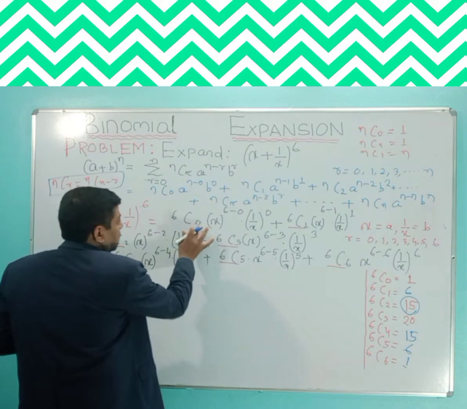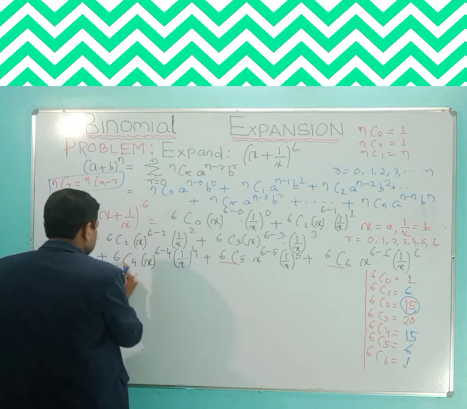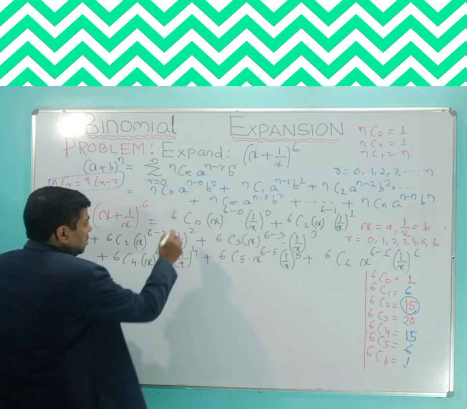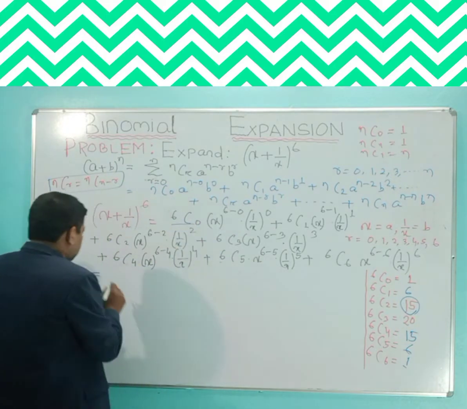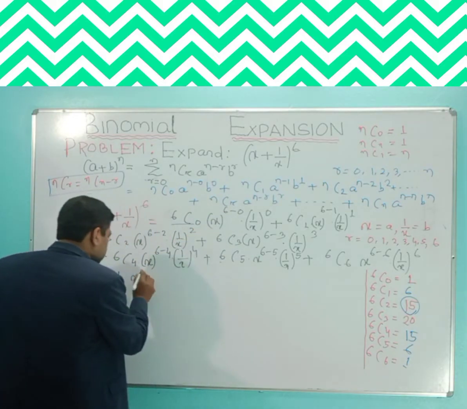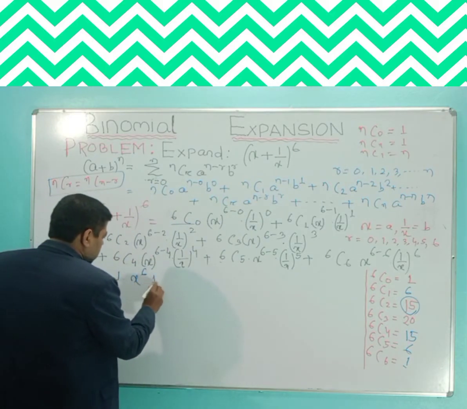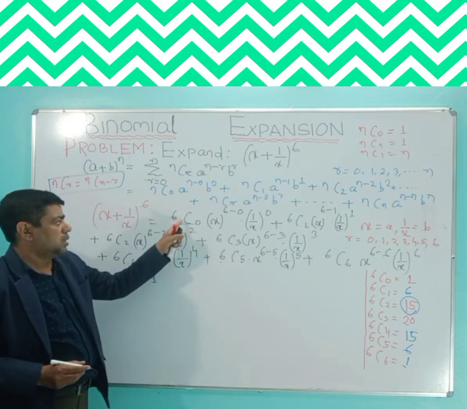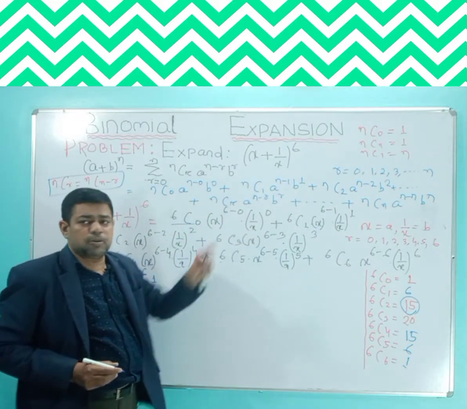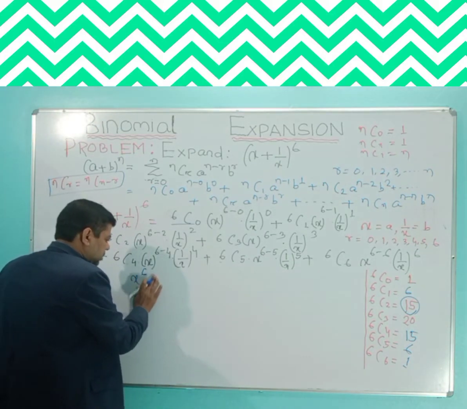First, 6c0, the value of 6c0 is already 1, into x to the power 6 minus 0, which is 6, into (1 upon x) whole to the power 0, which is 1. So 6c0 is 1, x to the power 6 minus 0 is x to the power 6, and (1 upon x) to the power 0 is 1, so this term will be x to the power 6.